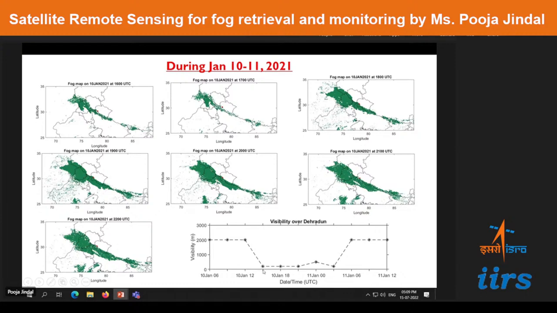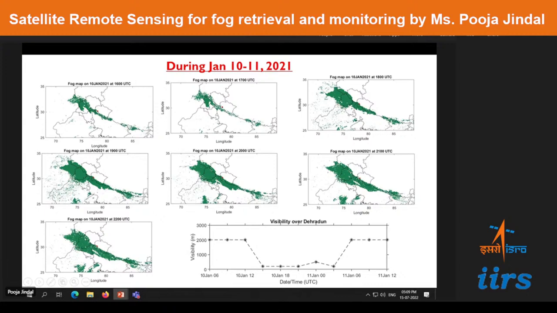Starting from 10th January 15 UTC the visibility is about 100-200 meters only, which indicates the presence of fog. However, before that the visibility is 2000 meters, which indicates that there is no fog. So fog is there from 10 January 15 UTC to 11th January 3 UTC.